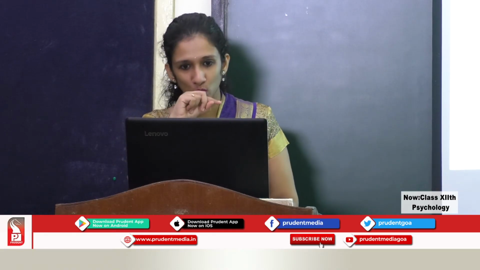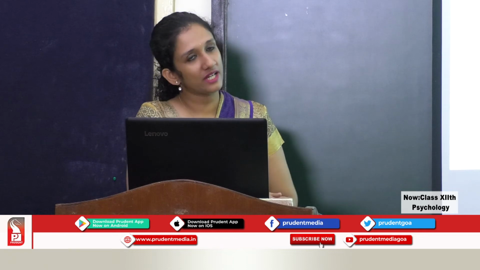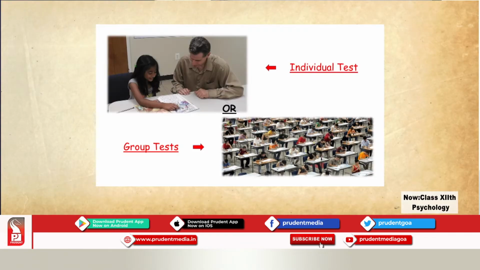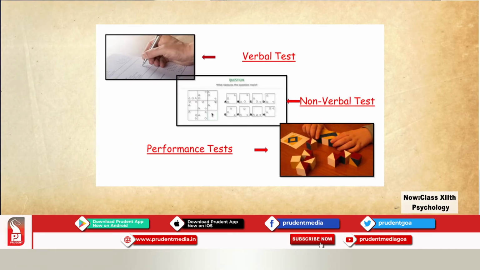So, basically to test the IQ, there are a number of intelligence tests. It could be a group test, it could be an individual test, it could be a verbal test, or it could be some performance test depending on the kind of material that you are using.